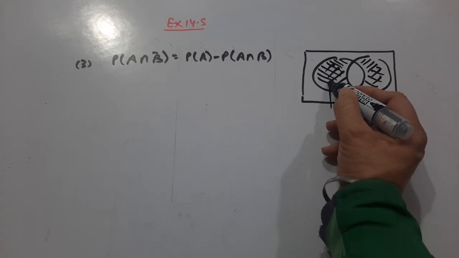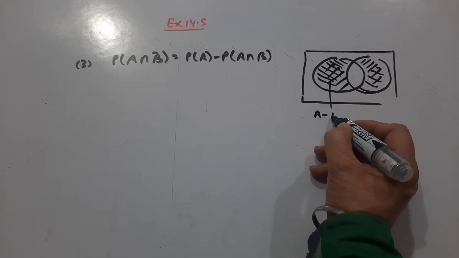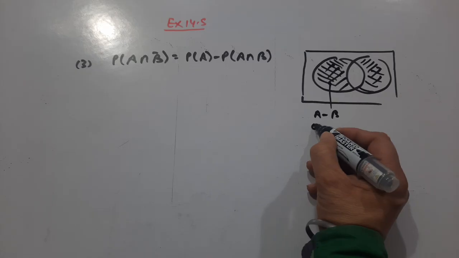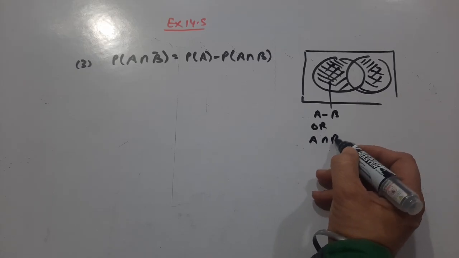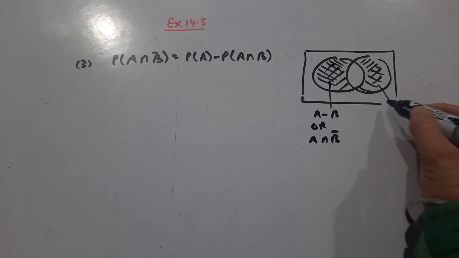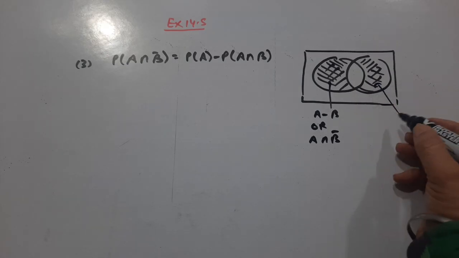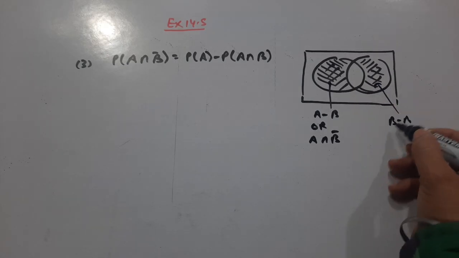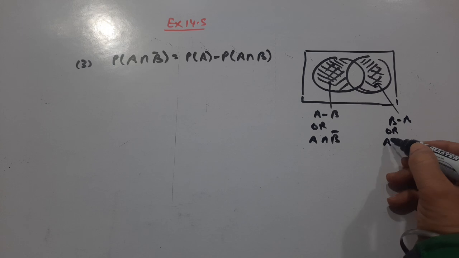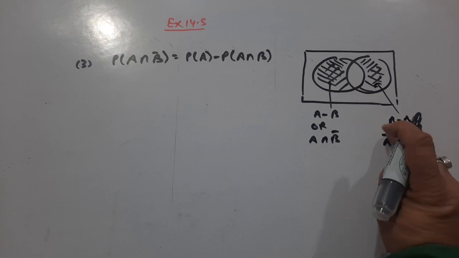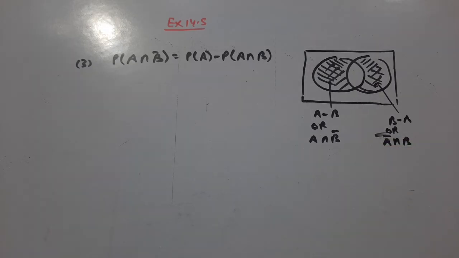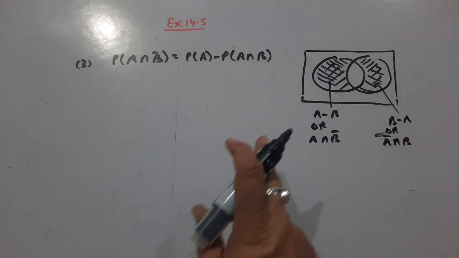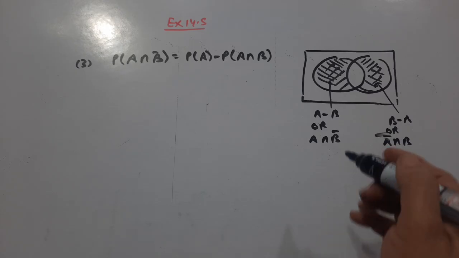So this is either A minus B, or we can say A intersection B bar, and this is the region B minus A or A bar intersection B. This region is A bar intersection B.